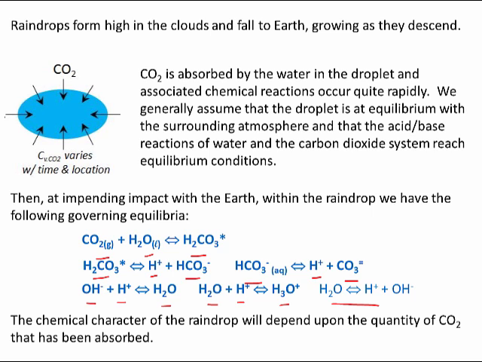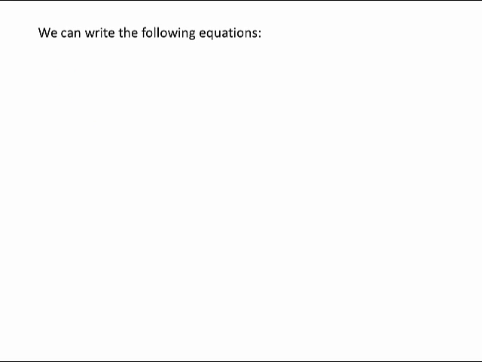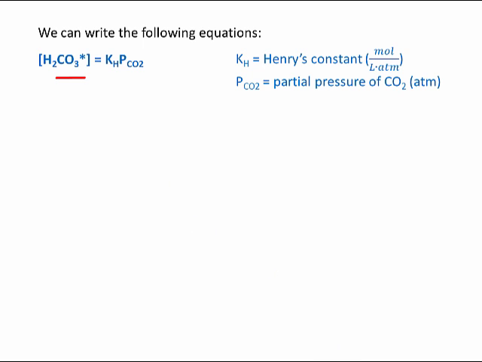And of course, the chemical character of the raindrop will depend upon the quantity of carbon dioxide that has been absorbed during the descent. So we can write some equations for the chemical equilibria occurring within the raindrop. We have Henry's law, which relates the carbonic acid or dissolved carbon dioxide in the raindrop to the carbon dioxide in the atmosphere.